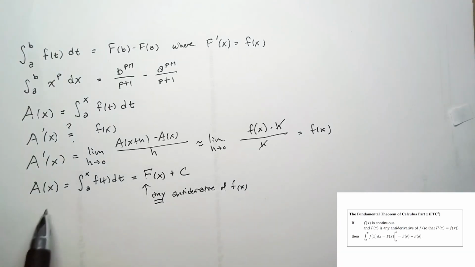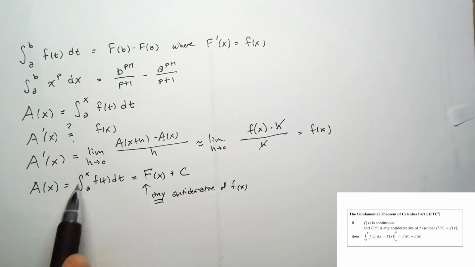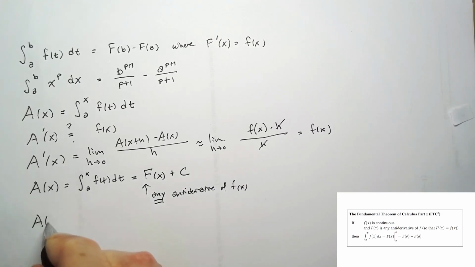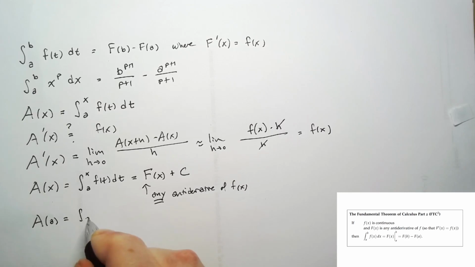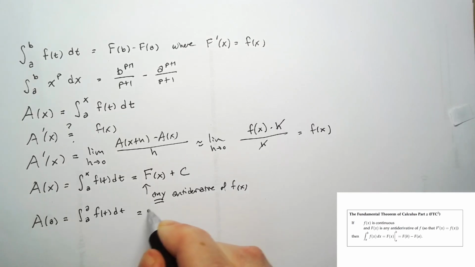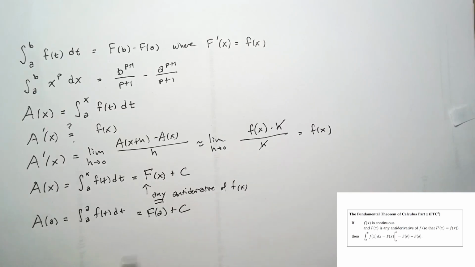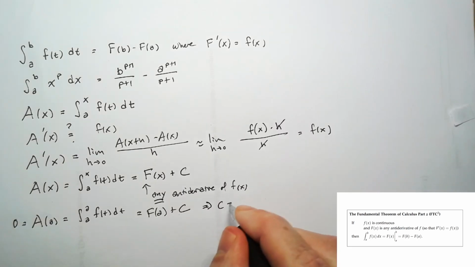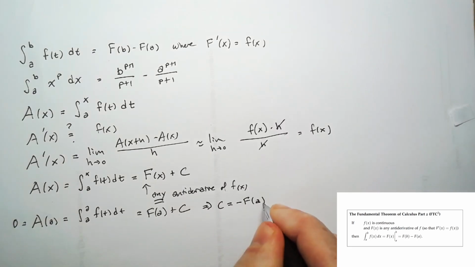Now, let's be clever and plug little a into this equation. Because we're integrating from little a to little a, this expression here must be 0. So big F of a plus c must be 0. That tells us that c equals negative F of a.